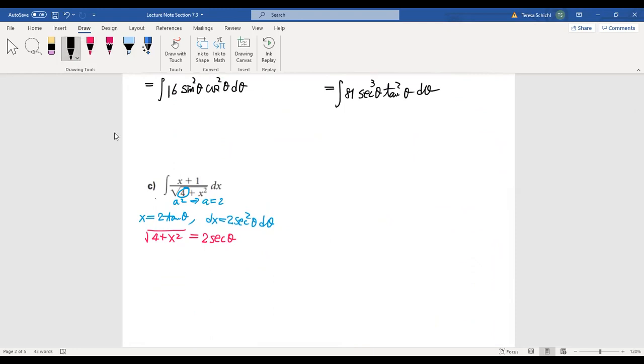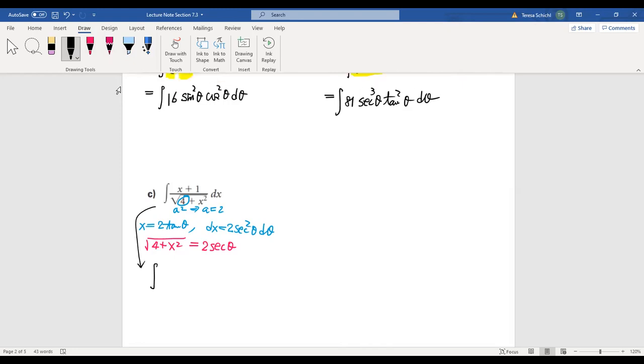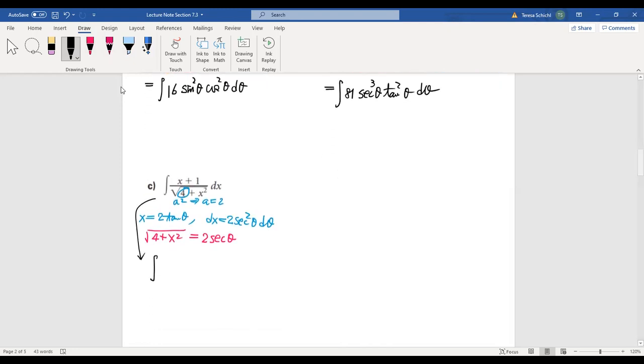Now we will be able to do the substitutions here, right? Everything needs to be replaced. The x plus 1, what color did we use here? Oh, we used yellow. So x plus 1 will be 2 tangent theta plus 1.